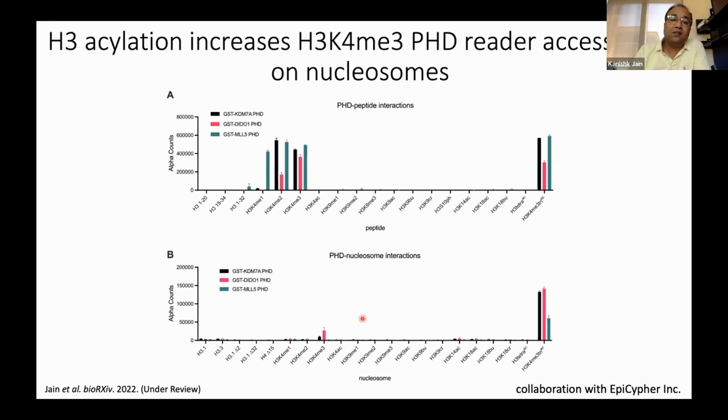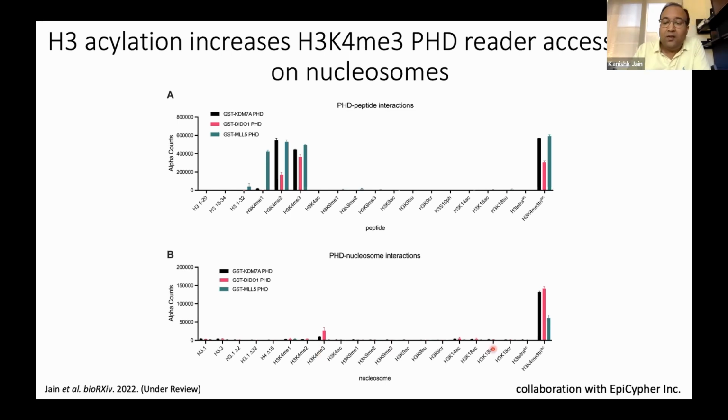And in fact, here we see that H3 acylation in general shows higher binding affinity towards the K4 trimethylated region that these PHD readers are supposed to be binding. So almost all of the binding to just the methylated regions of the nucleosomes is gone.